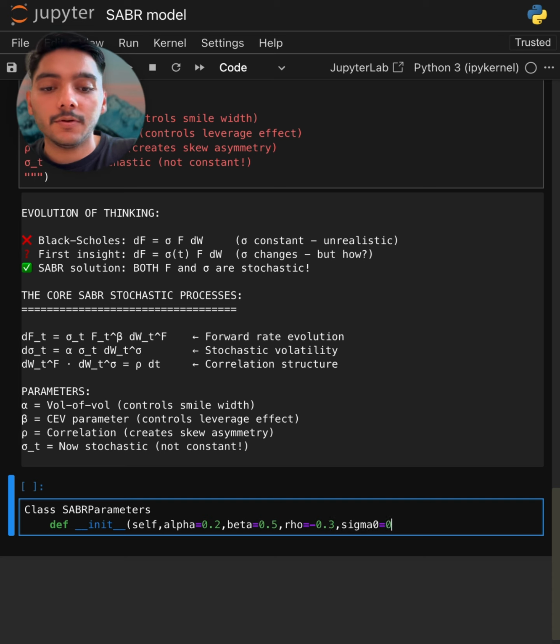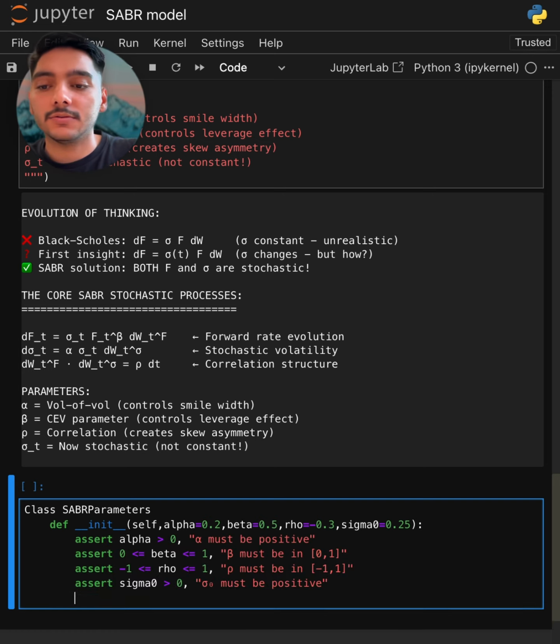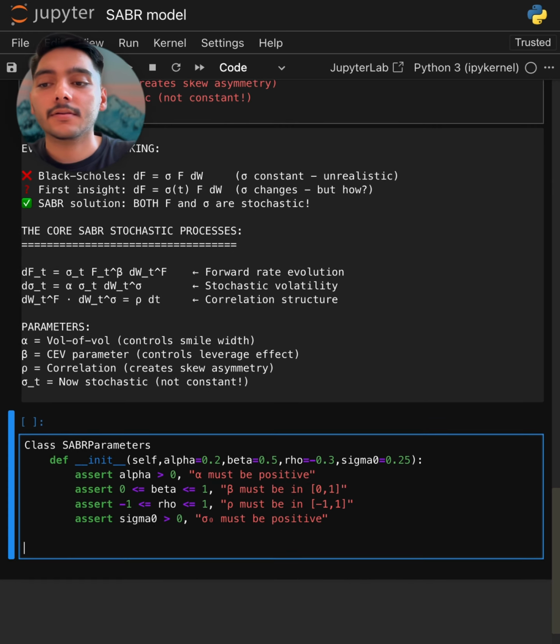So let me do the parameter validation. I will paste the parameter validation code which I have written already. I am only writing the important parts of the code so that our time won't get wasted explaining that part.